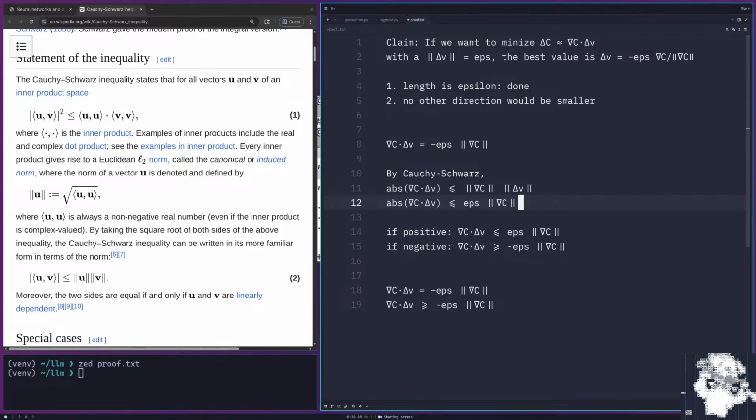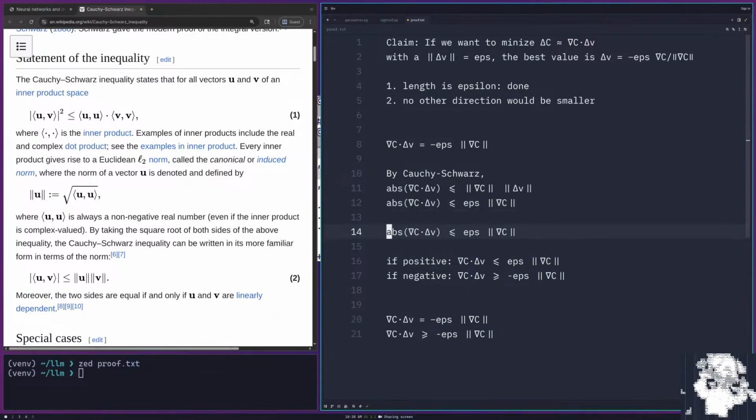What's the right way to remove an absolute value? So I can just write it out.